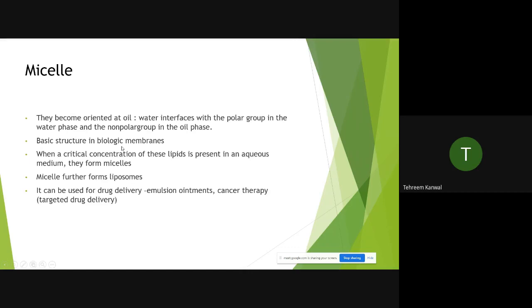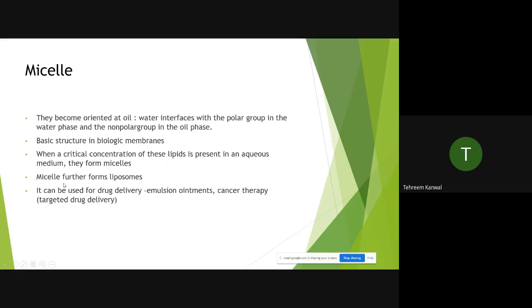The basic structure of the biological membrane is the phospholipid layer, and we see that the biological membrane is a double phospholipid layer. When a critical concentration of these lipids is present in an aqueous medium, they form micelles. This is the micelle orientation which we saw earlier.